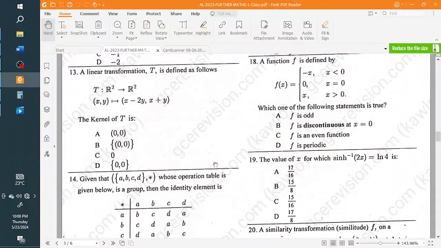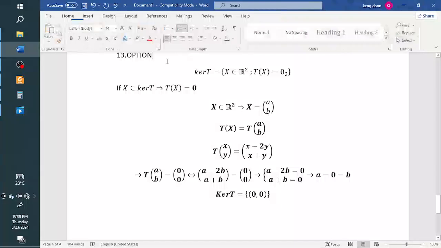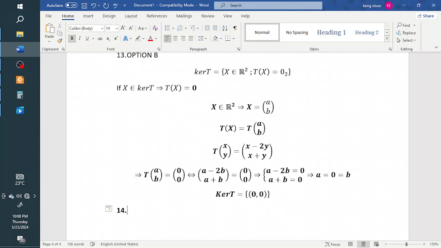This option A is tempting me because we have just one vector. No, we'll go with option B, because the kernel is a set. So option B is correct. Let's go to question 14.